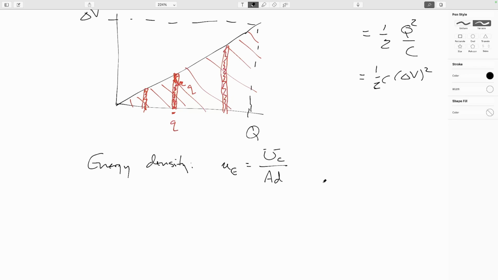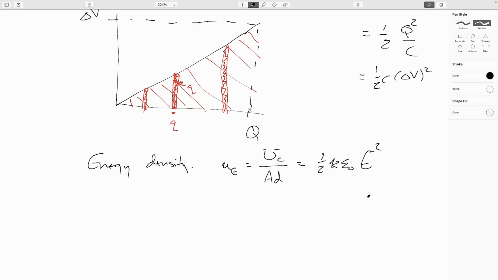We did similar stuff like this with fluids, where kinetic energy density was the kinetic energy of the fluid divided by the volume of the fluid parcel we followed. Then that just ended up with us replacing the mass. When we saw we'd have a mass of fluid over its volume, we'd replace that with the density. Extending on that idea, we can do the same thing. So this will work out to be 1/2 kappa epsilon naught E squared. I'm not going to derive it, but you're certainly welcome to go and convince yourself of it.